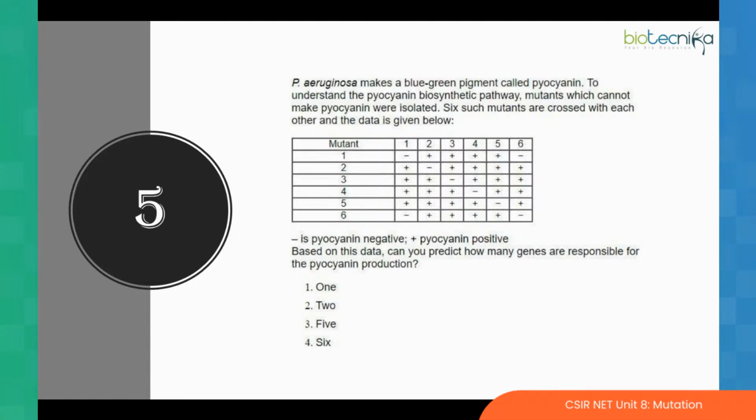Excuse me. That is very good, Vrinda. Very good. So, can you tell me what concept you have used in solving this question?